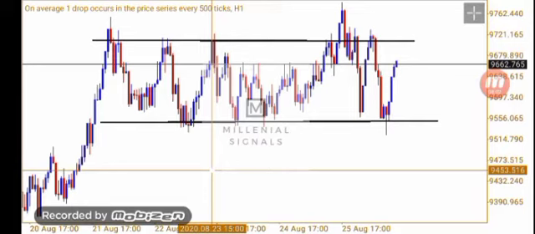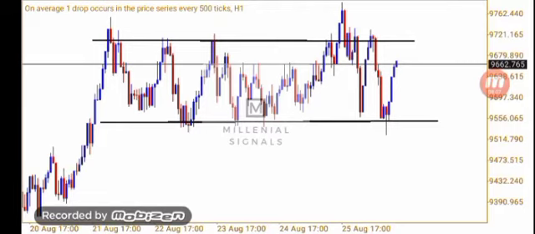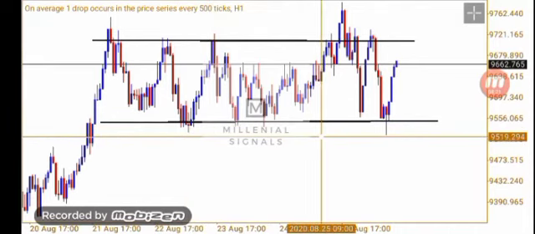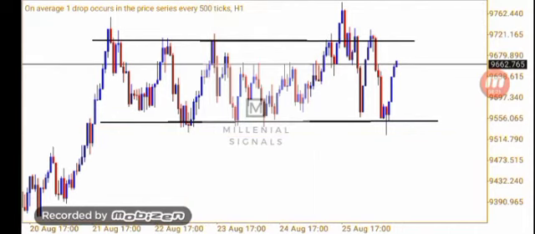It might be a doji, it might be a hammer or whatever, that will show you that, okay, price will really reverse. So here the signal is the doji. You can see the doji is a reversal signal.